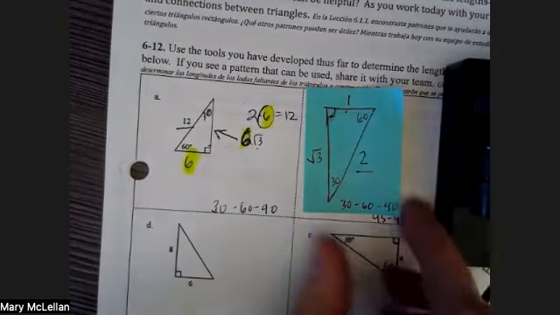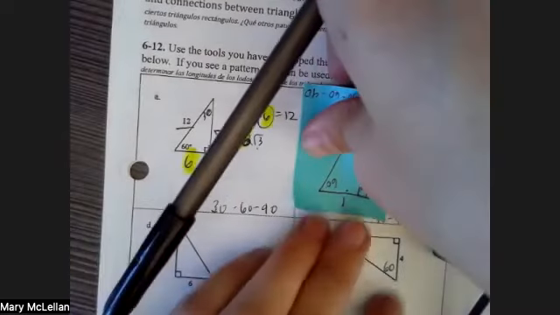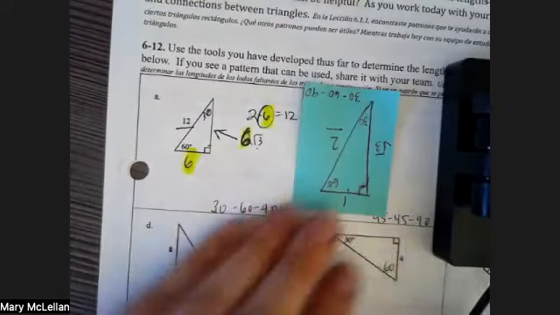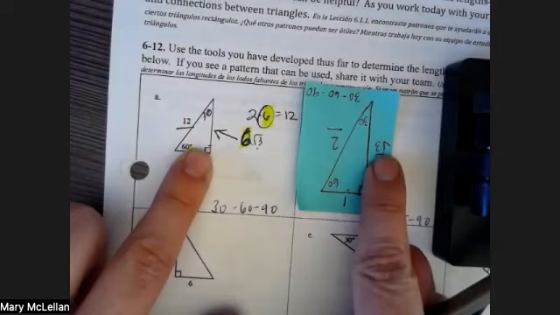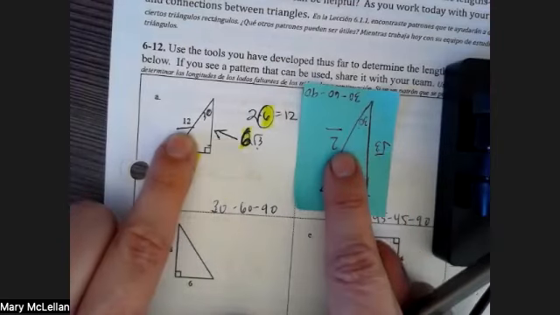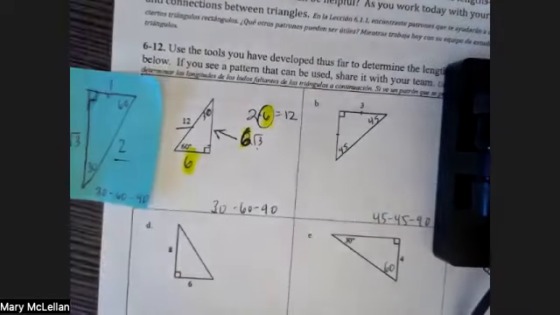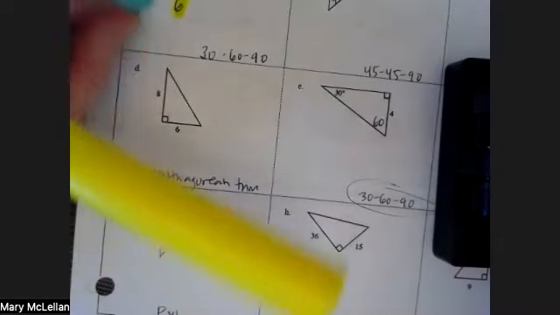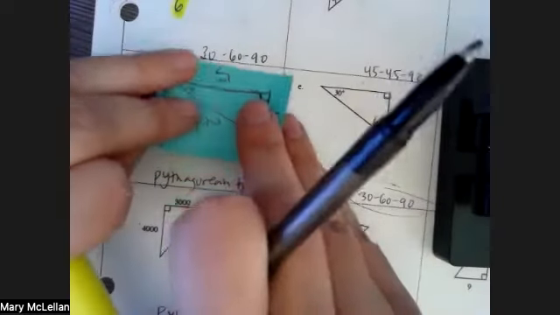And it might help you sometimes to sort of turn your reference triangle. Here I see I'm multiplying 1 by 6, root 3 by 6, and 2 by 6. I know they're upside down, but turning a triangle can help. Okay, I have another 30, 60, 90 right here. I'll turn it.